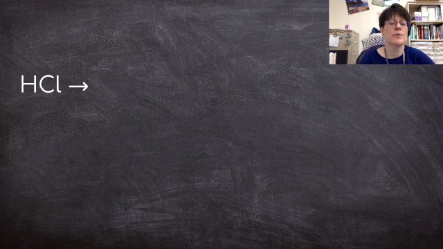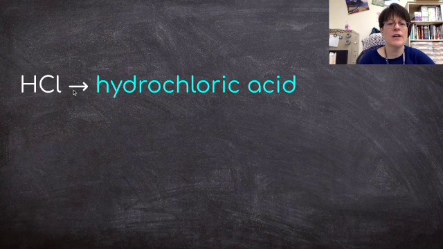So for example, HCl. HCl is an acid. We look at this, so hydrogen, that's hydro because it's binary. Chlorine becomes ic, so we name this hydrochloric acid.